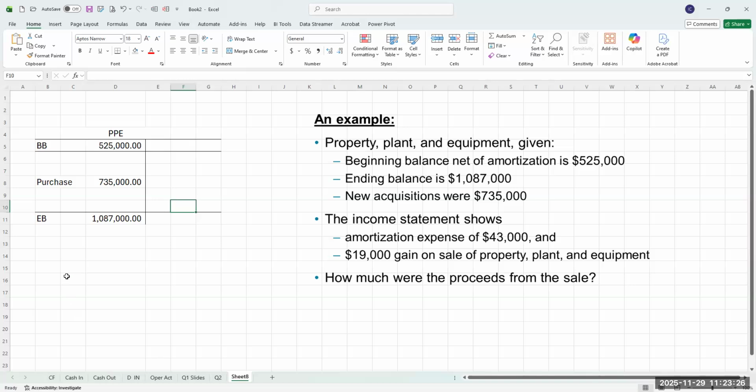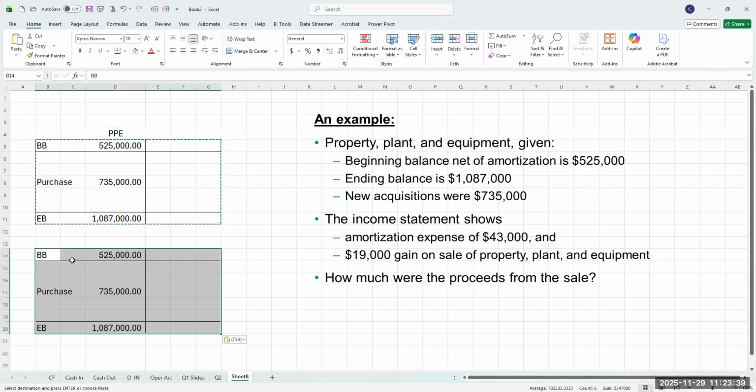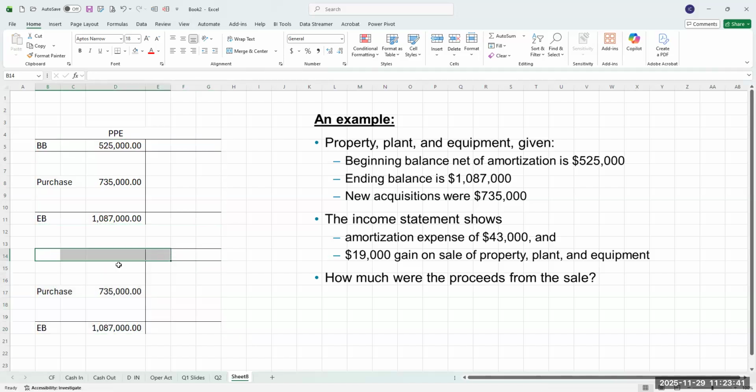And we have amortization expense. Let's open that account as well. That will be my amortization account.